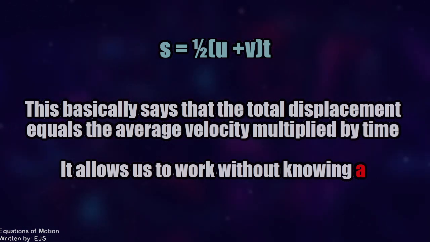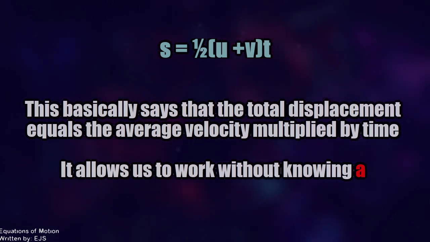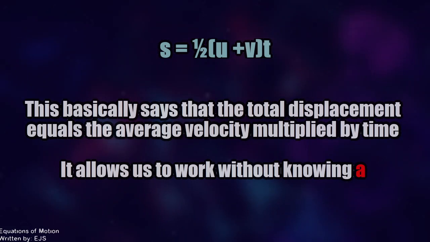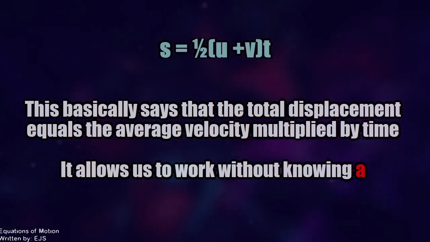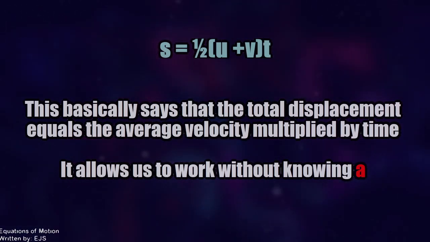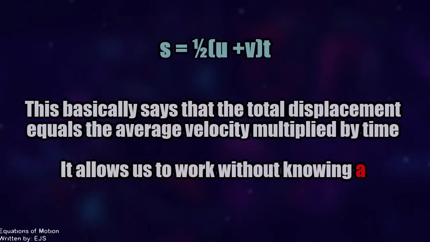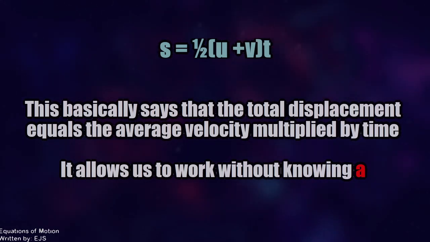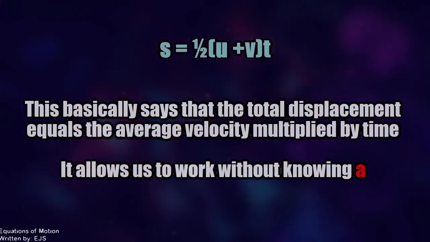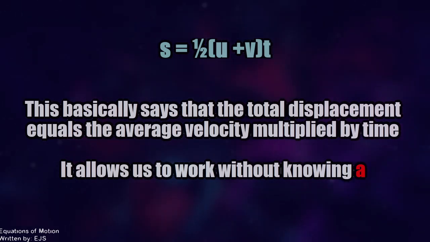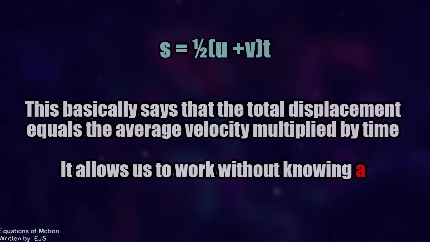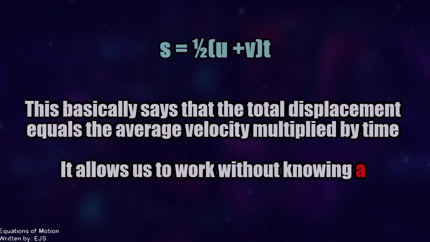s equals a half times u plus v times t. So if you think about a half of u plus v, that's the average velocity, like u plus v over 2. It's the sum of the two velocities divided by 2. You're finding in that bracket, multiplied by half, the average velocity.